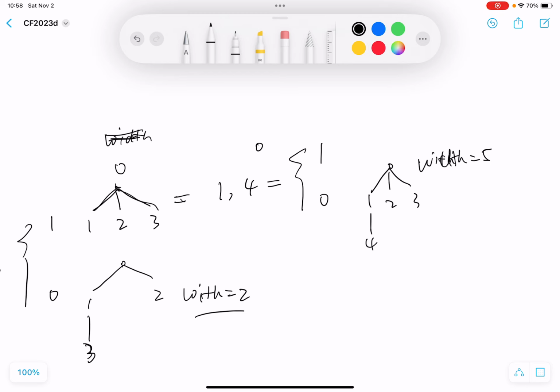In this solution, until this time, we will know the width of this tree, that means how many children nodes of node 0 there are at this time. So at this time we know we finish the first step.